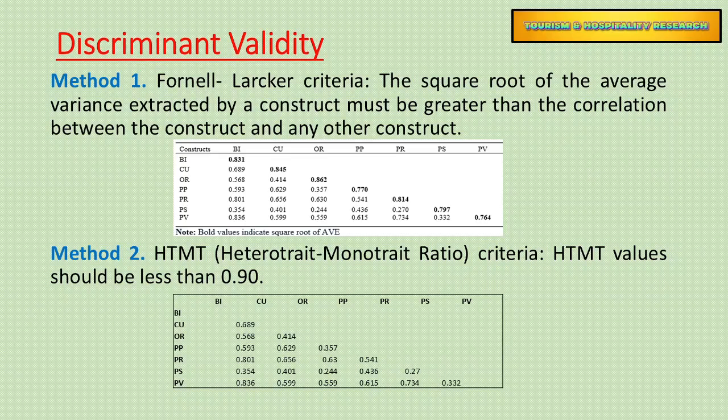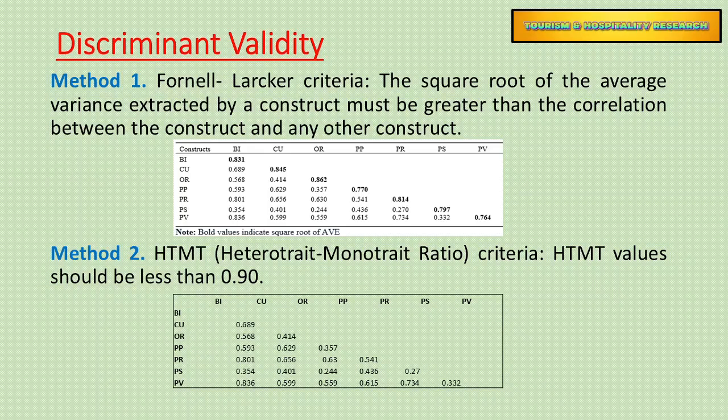Just see the numbers below 0.845: 0.414, 0.692, 0.656, 0.401, 0.599. All are less than 0.845. And in the horizontal row adjacent to CU, we see the BI correlation with CU is 0.689, which is lesser than 0.845. So this means that discriminant validity is established for CU.